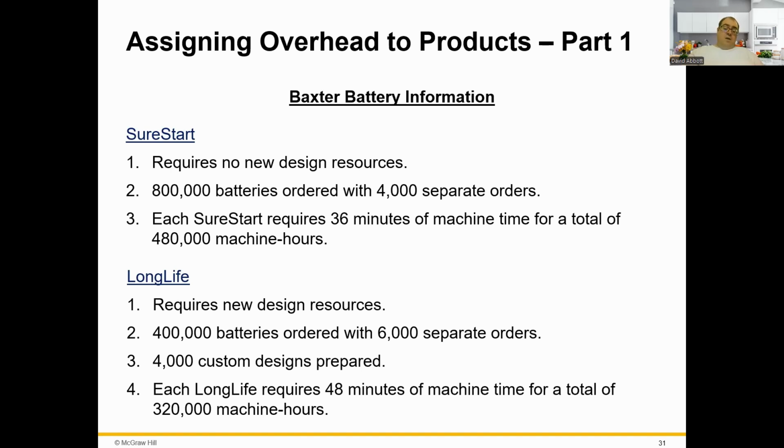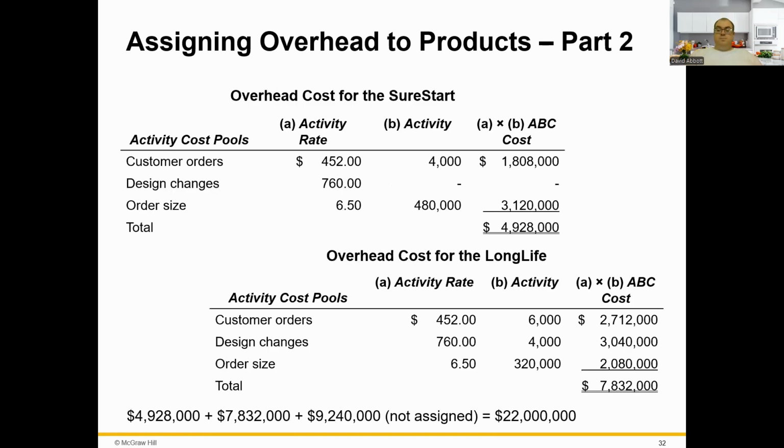All 4,000 custom product designs related to Long Life. Sure Start consumed 480,000 machine hours, and Long Life consumed 320,000 machine hours. The overhead cost assignments to Sure Start and Long Life are as shown.